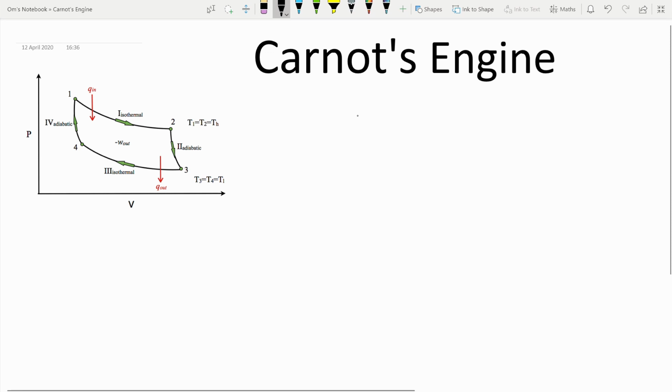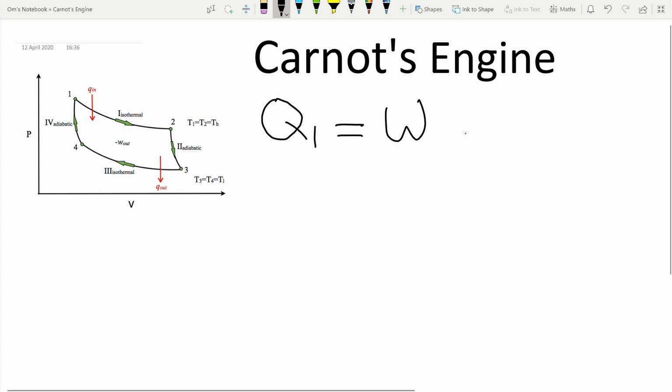Now the Carnot engine is just like any other engine in the fact that it takes in some heat from an external source, converts some of that heat into work, and lets the rest of the heat out. Why I say the rest of the heat out is because it has to follow the first law of thermodynamics. I'll allow the Carnot engine to take in some Q1 amount of heat, then I'll allow it to do some work.